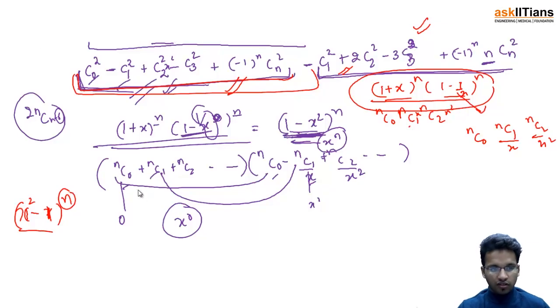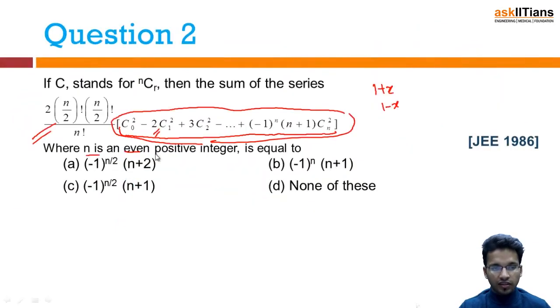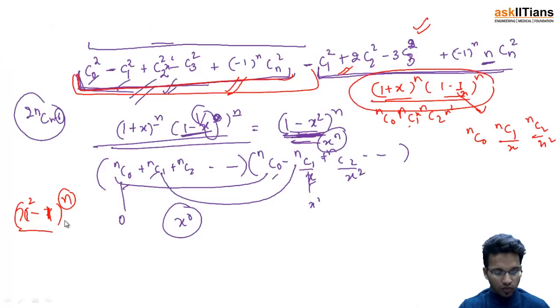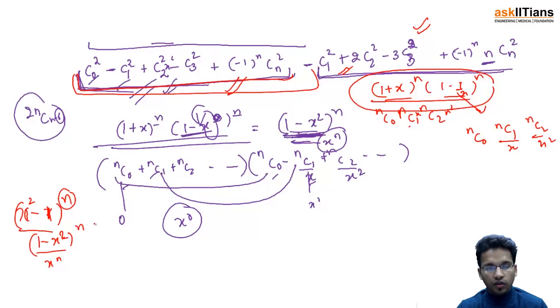It was given in the question that n is an even positive integer, so we don't need to worry about this thing, even if it's 1 minus x square raised to power, and moreover the expansion doesn't matter. So this has to be divided by n. So what will be the coefficient of x raised to power 0? Here the terms will be x raised to power 0, x square, x4, x6. What do we need?